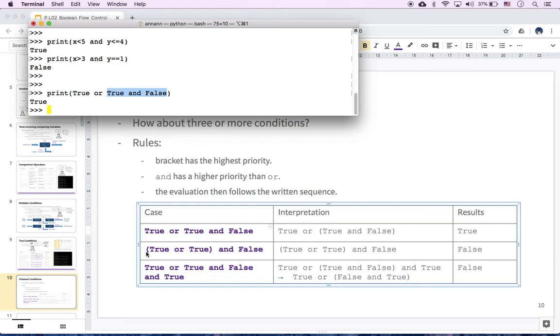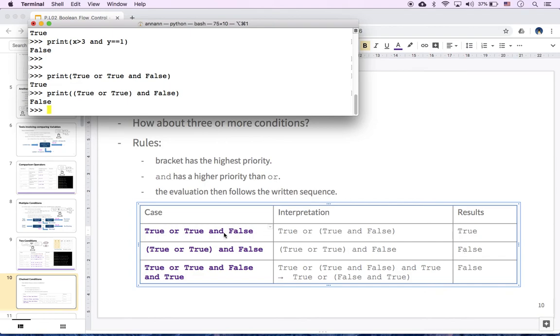So the second one is that we put a bracket here. So the computer processes this instead of the last part because you have put a bracket here. Okay, then true or true is true. But true and false is false. So that's why you're getting a false here.